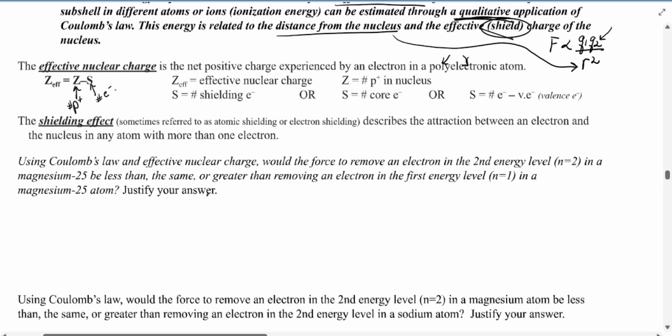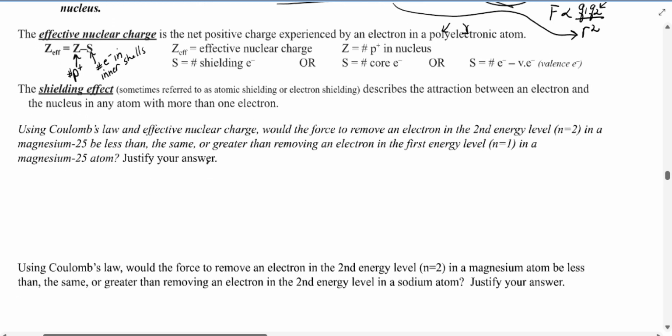So I'm going to say the number of electrons in inner shells than the shell that we're talking about. The shielding effect, sometimes referred to as atomic shielding or electron shielding, describes the attraction between an electron and the nucleus in an atom with more than one electron, because those electrons are repelling each other to some extent.